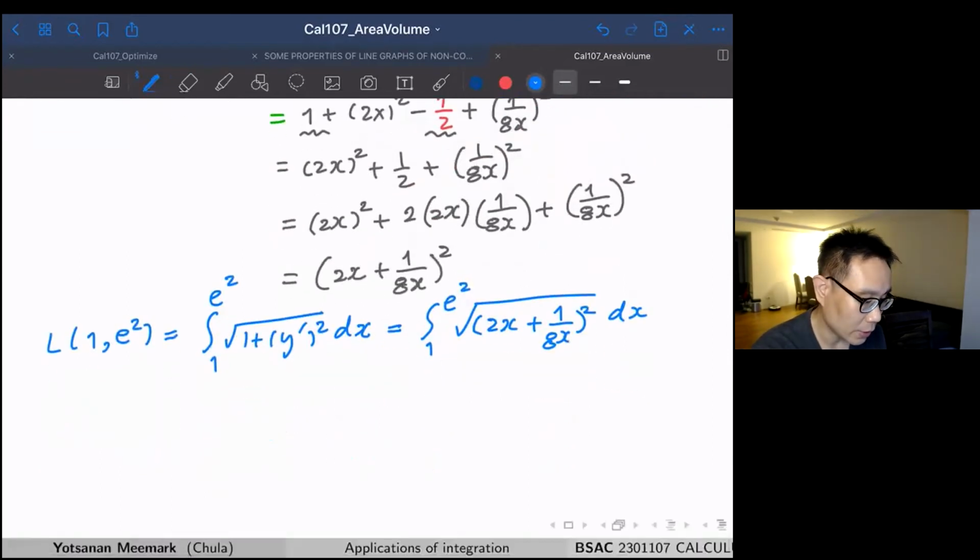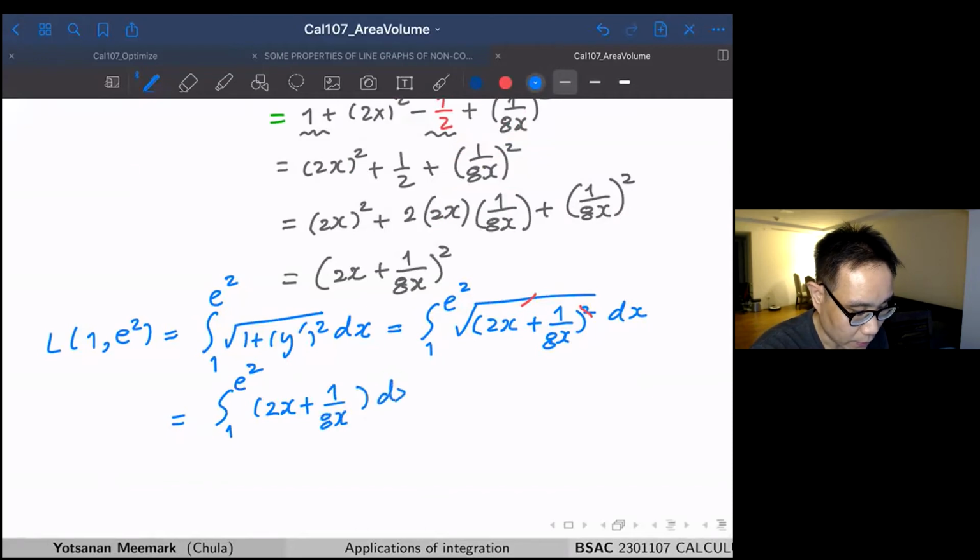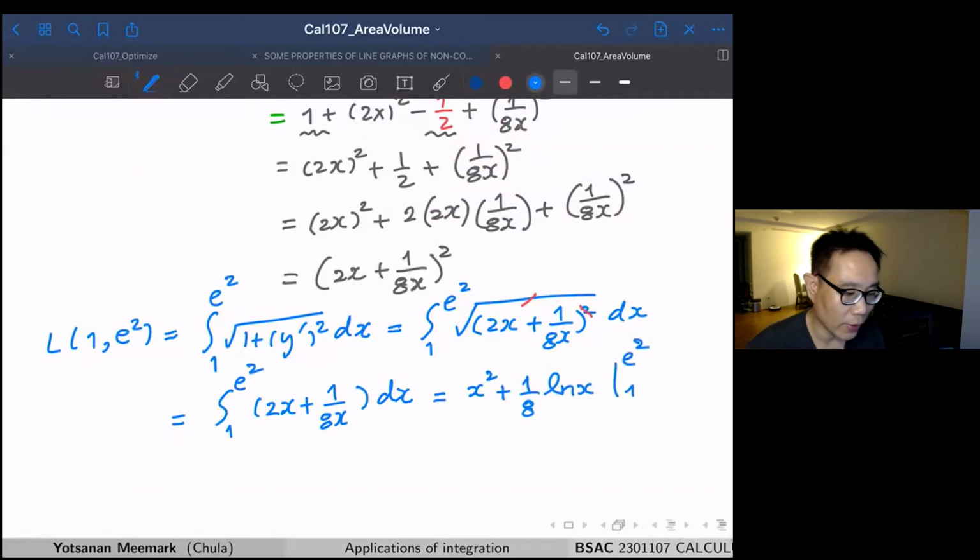And for this one, you see the square root and the square cancel each other, so you get only the inside. So you get the integral from 1 to e squared of 2x plus 1 over 8x dx. Integrating 2x, you get x squared, and integrating 1 over 8x, you get 1/8 log x, from 1 to e squared.